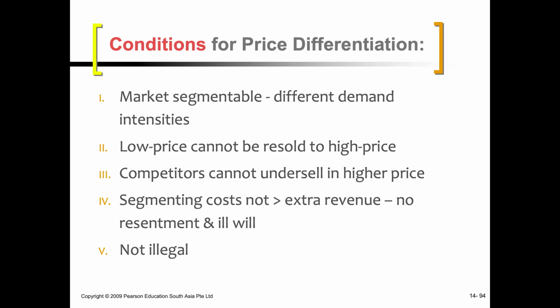People would stop buying. Competitors cannot undersell in the higher-priced segment. Segmenting costs must not exceed the extra revenue, there must be no resentment and ill will, and it must not be illegal.